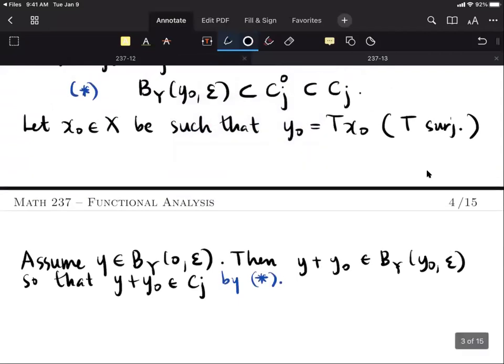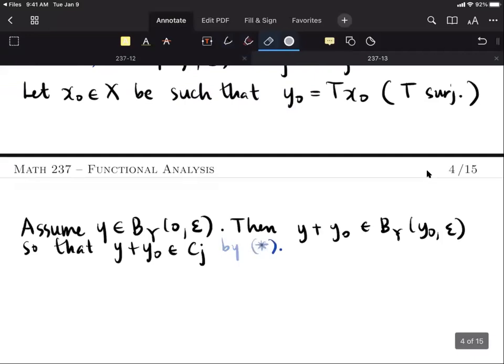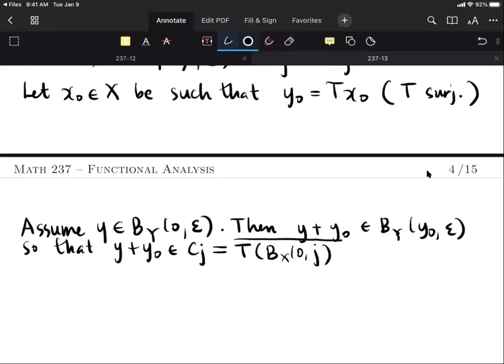Okay. Since Cj, so let us here recall the definition of Cj. So this is the closure of the image of this. According to the definition of the closure, this vector here must be a limit point of this image set.